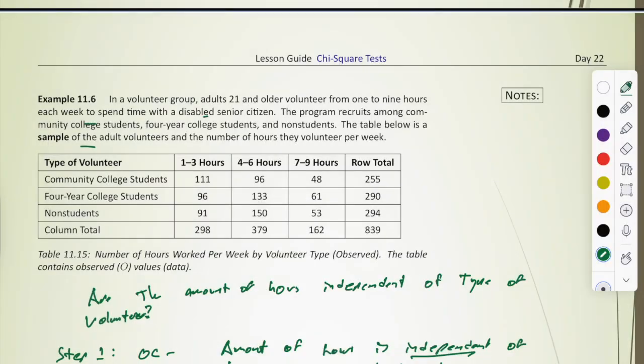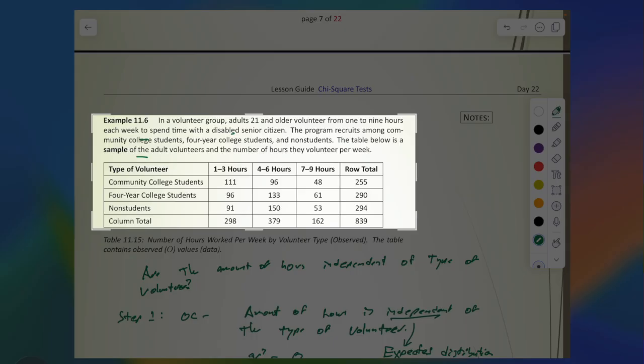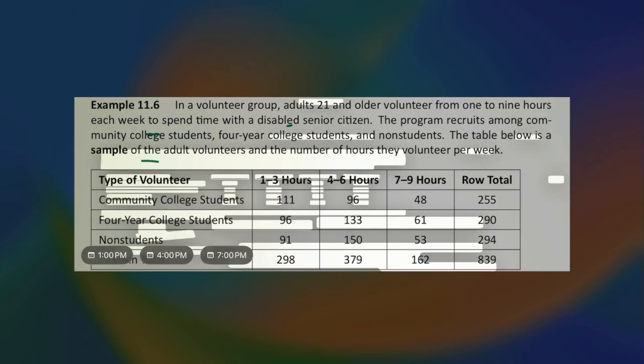That didn't work. How about this? Okay. Oh, wait a minute.